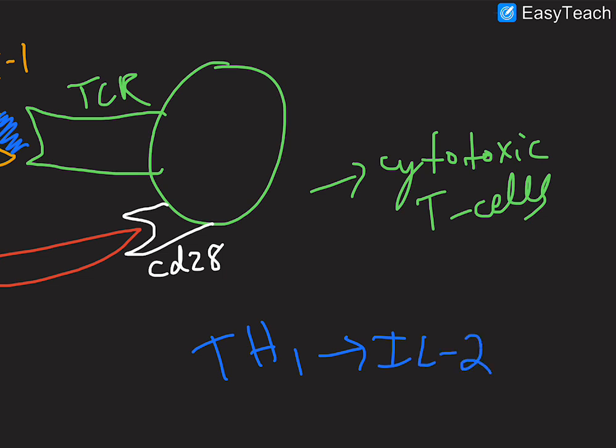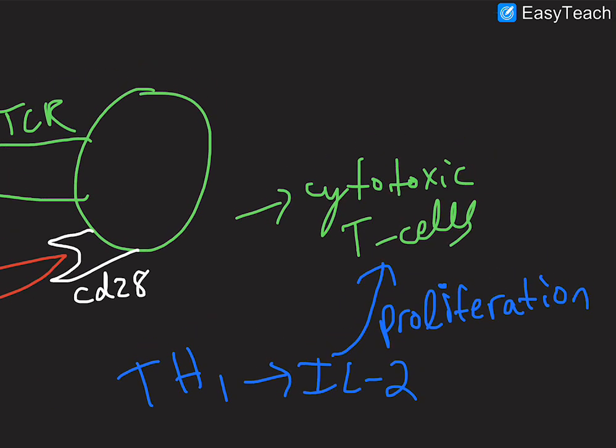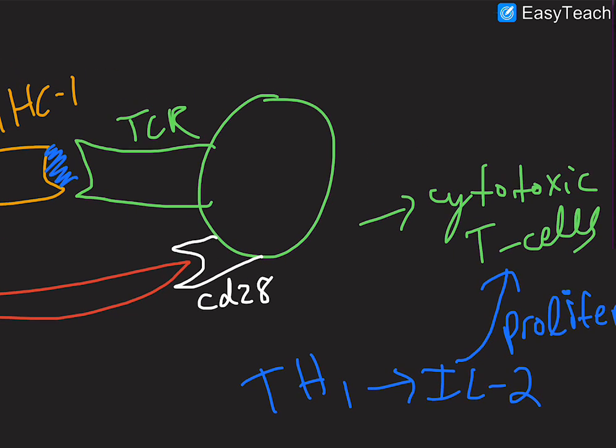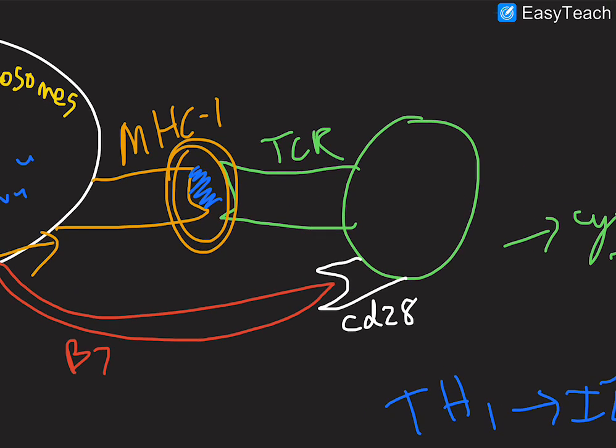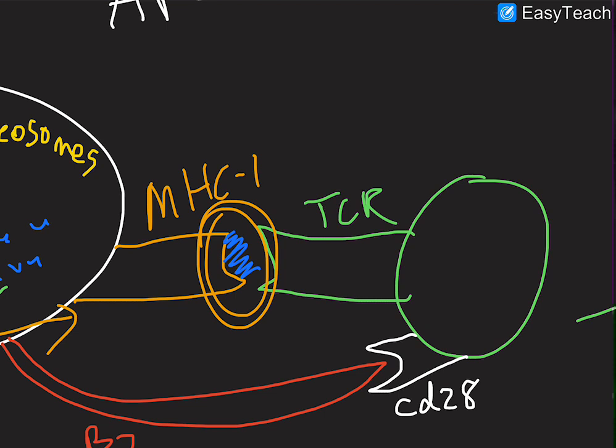Remember, that was one of the cytokines it can release, and this can help further activate our CD8 cells and induce proliferation of these cytotoxic T cells. So if that happens, now this cytotoxic T cell recognizes this viral antigen right here, and then it can go on and kill infected cells nearby that are infected with this specific virus.